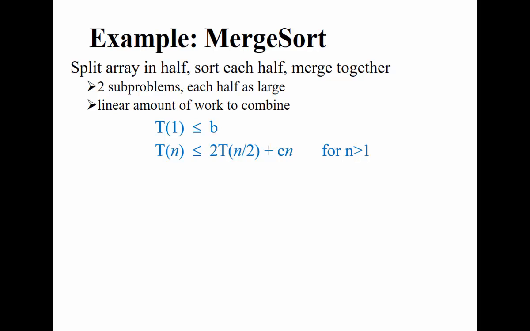If you remember in the previous slide, we said that if we don't have the base case, then we have to ask how many subproblems we have. In this scenario, we have 2 subproblems. And what is the size of each subproblem? In this case, the size of each subproblem is n over 2. To merge them together, we need n. So this term here is related to merging the 2 solutions together. c is a constant. n is the time to merge because you need n comparisons.